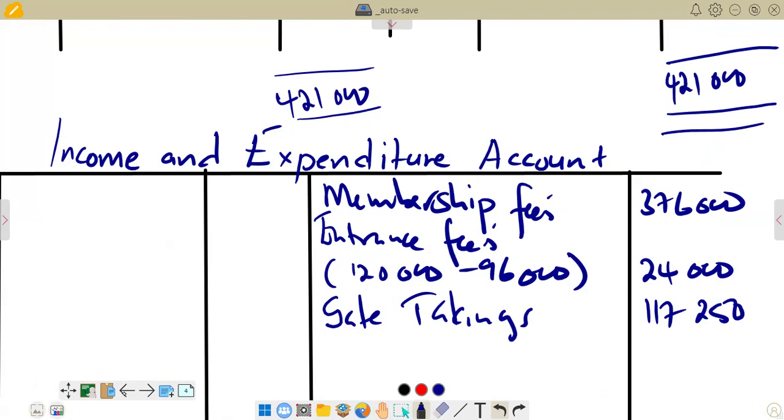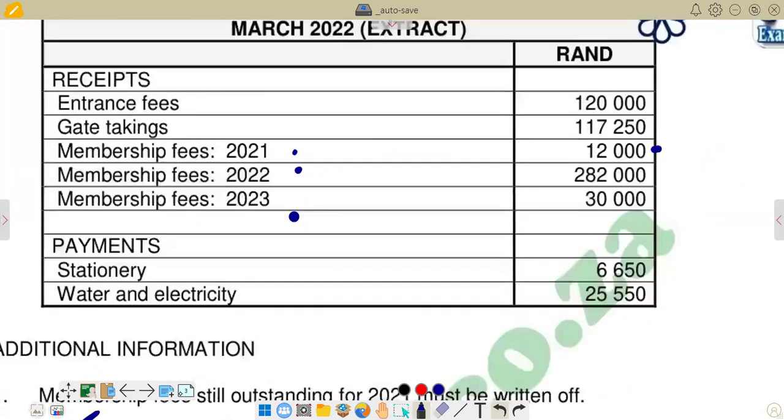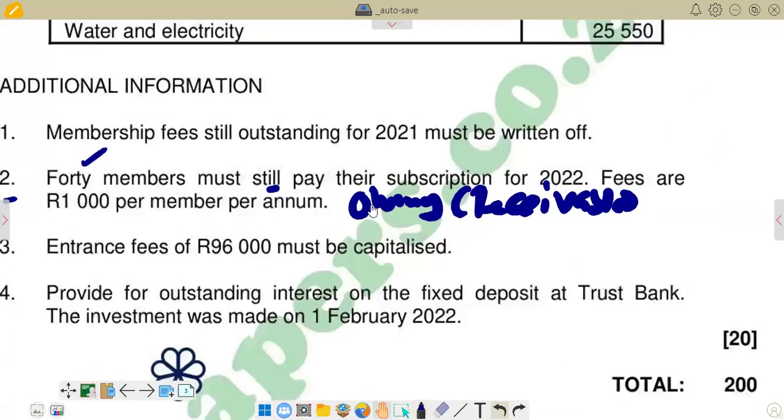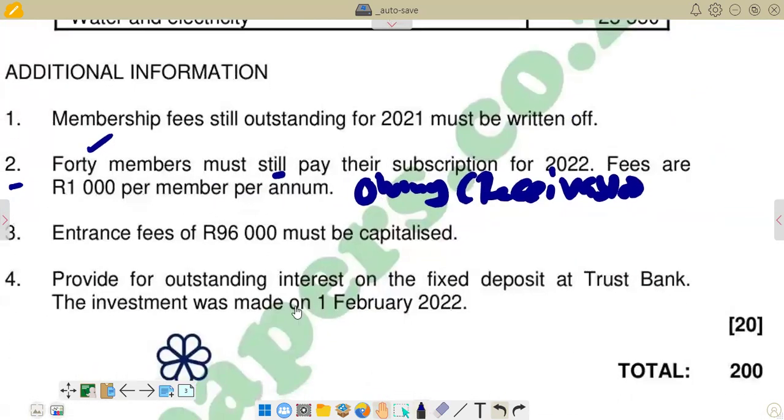Then we can always go back again to check if you have got any other income that we can put there. But remember, we've got something there that we are told about interest on fixed deposits. Here, with item 4, provide for outstanding interest on the fixed deposit at Trust Bank. The investment was made on 1 February 2022.